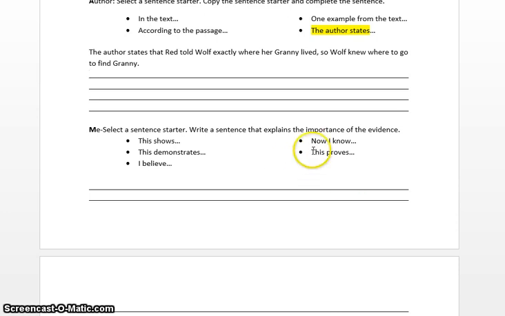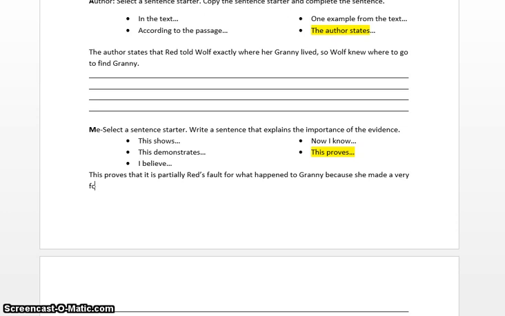I'm going to use this sentence starter that says this proves, and type my response. This proves that it is partially Red's fault for what happened to Granny because she made a very foolish decision.